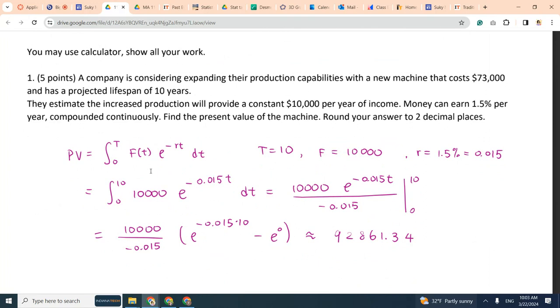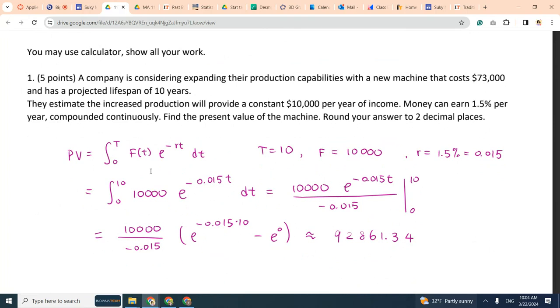But in the exam, your f could be a polynomial or it could be an exponential function. Okay, everybody? So be prepared. And then r here, 1.5% is 0.015. So you apply everything into the formula. This is what you get.